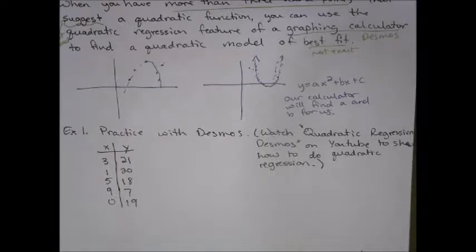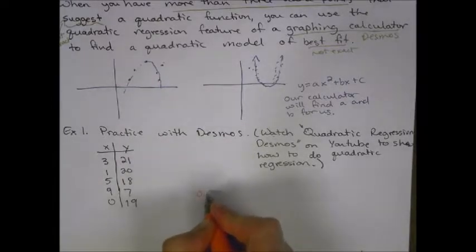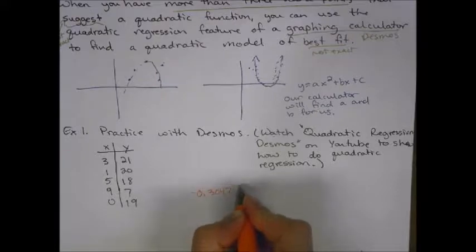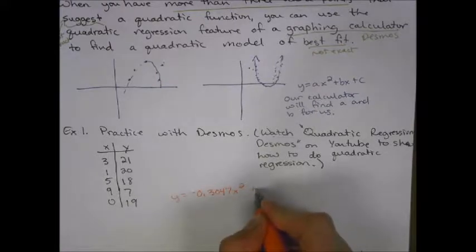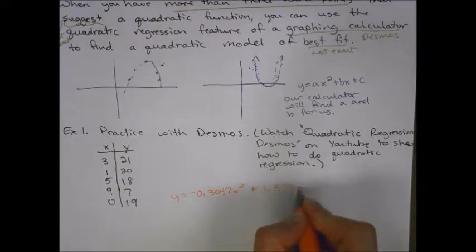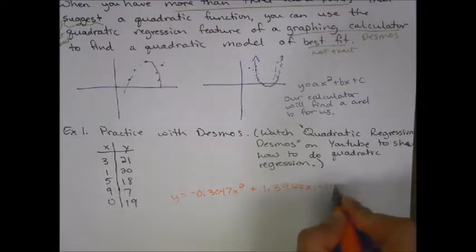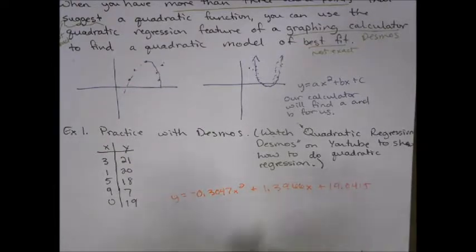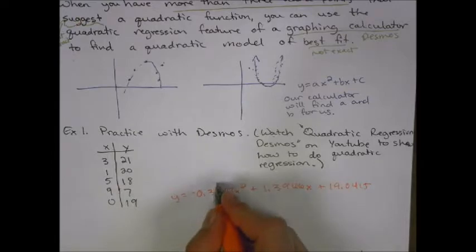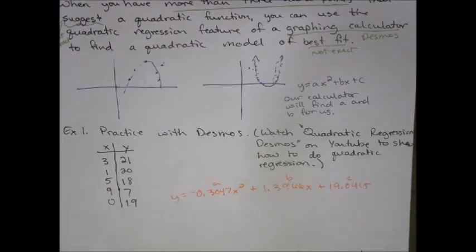Watching that video, I know that we got y equals negative 0.3047x squared plus 1.3966x plus 19.0415. From that data, this was our a, b, c.